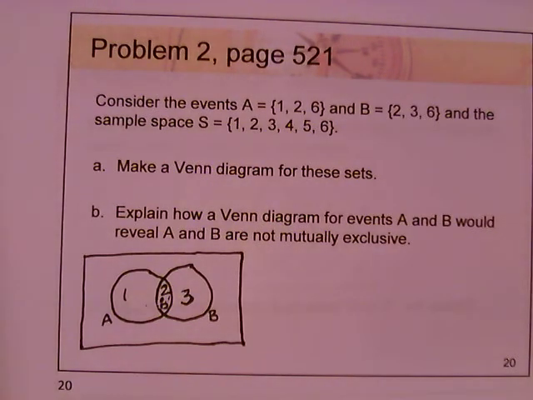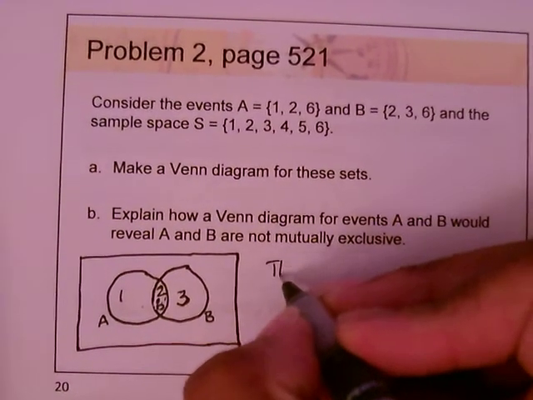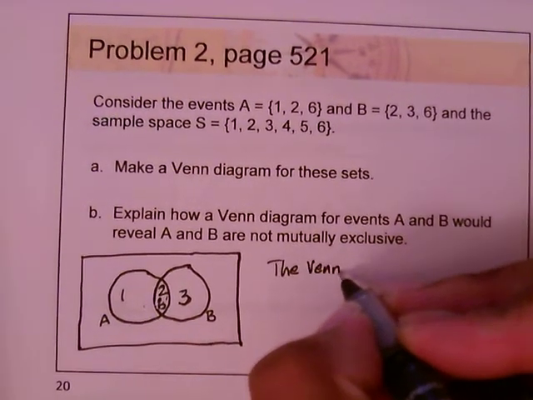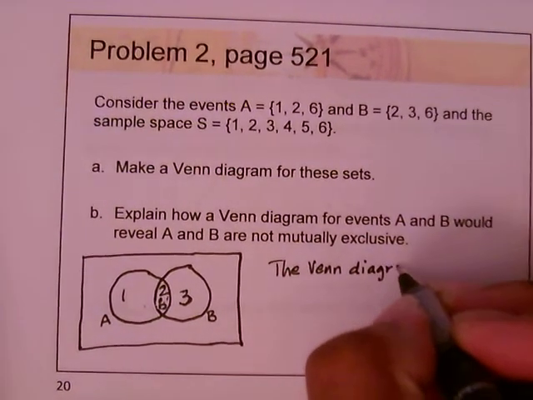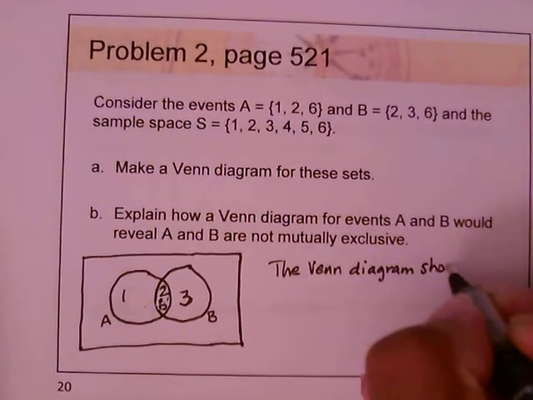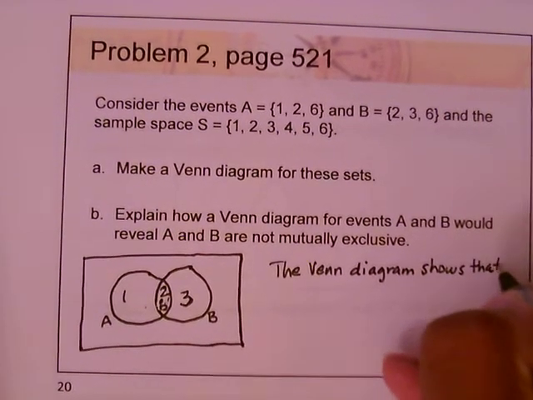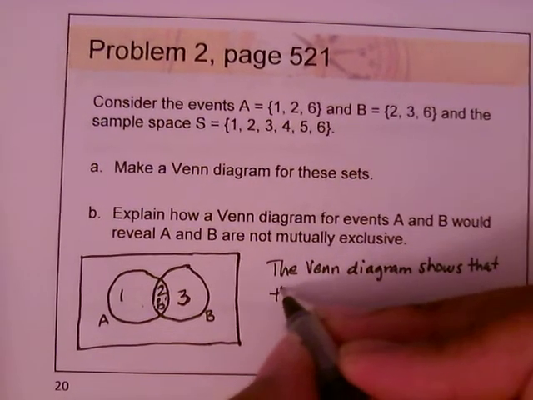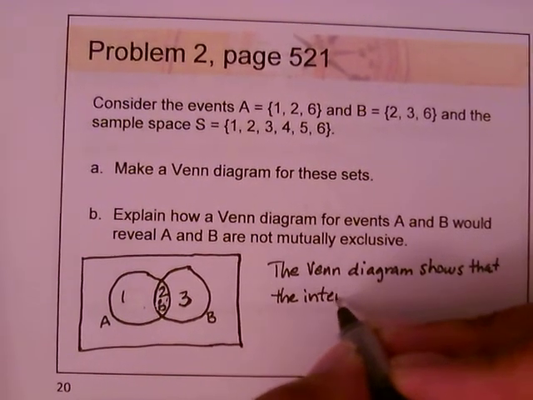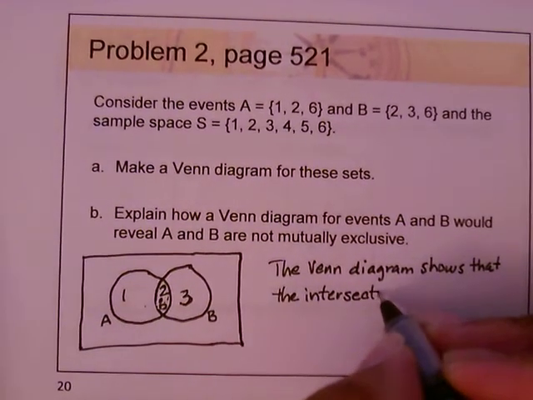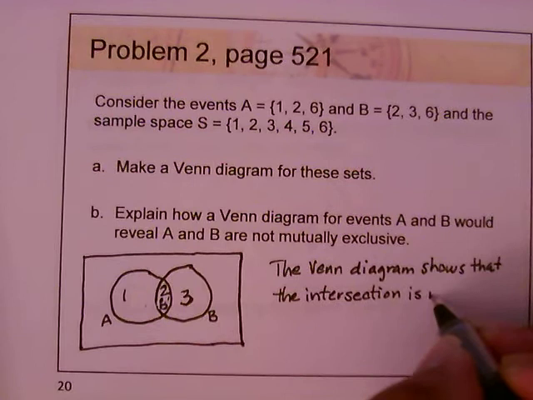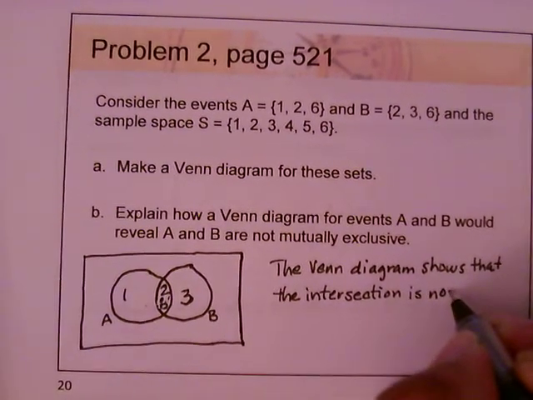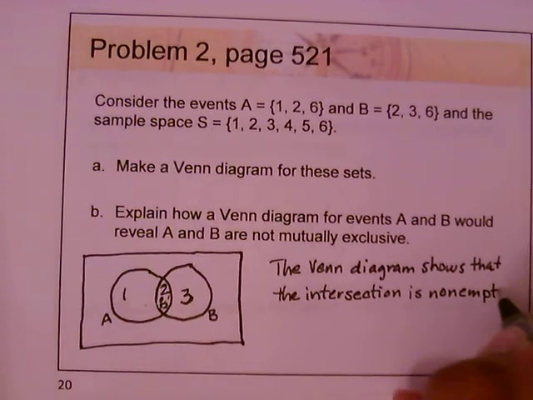Next is to explain how the Venn diagram for events A and B would reveal A and B are not mutually exclusive. Well, in this case, that Venn diagram does show that the intersection, which is what this is, based on that Venn diagram, is non-empty.